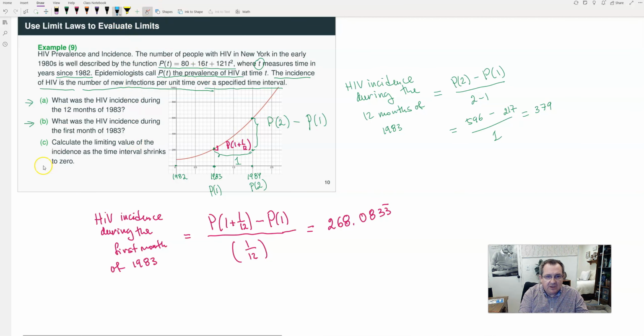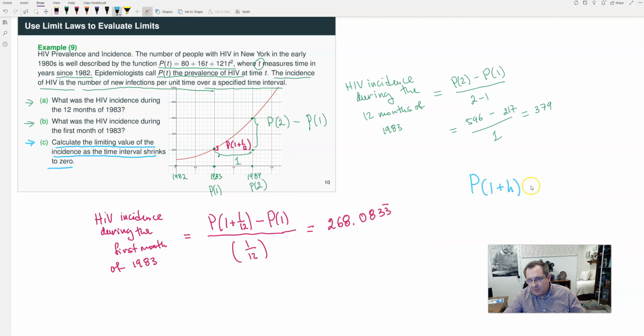Very well. Let's take a look at the last question. The last question says, compute the limiting value of the incidence as the time interval shrinks to 0. So now we'll look at the following. We'll look at a time that is very small. Let me take some h, and we make a small increment in time.